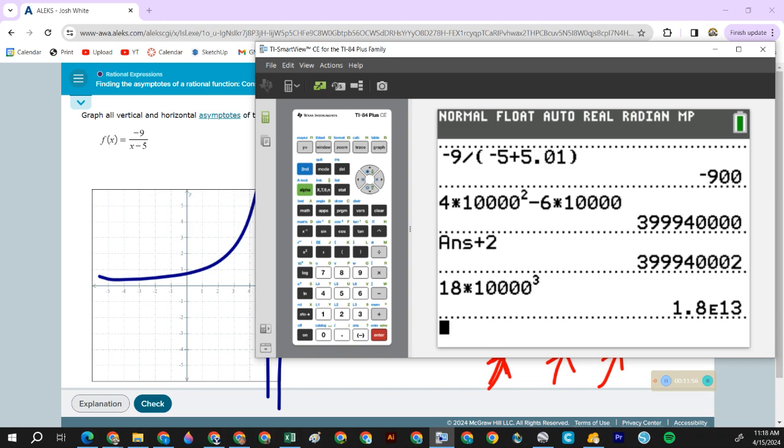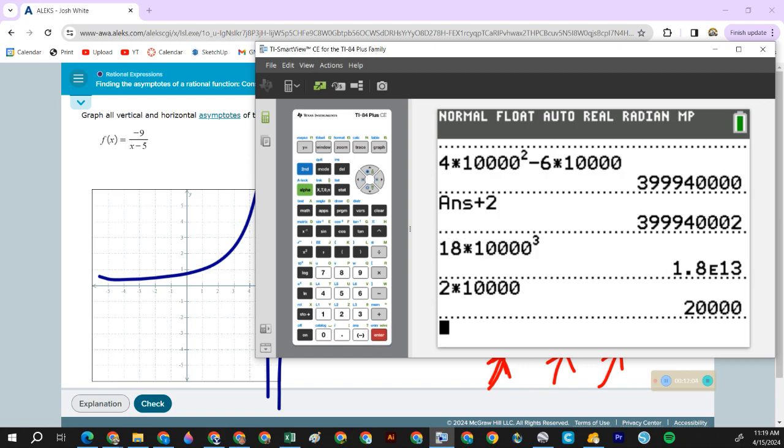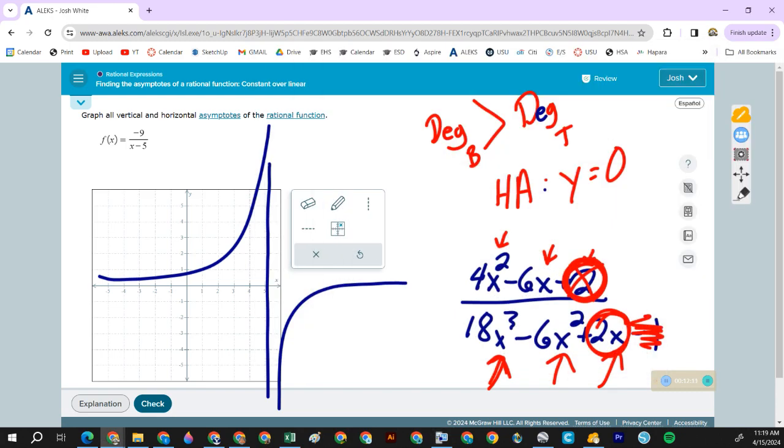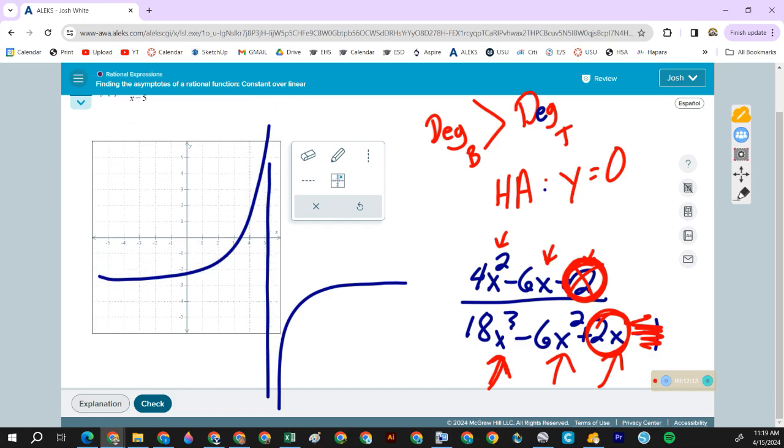Okay, that's a really big number, right? Well, what about 2 times 10,000? It's tiny, right? So when x is really, really large, yes, this does have an effect, but the effect of the 2x is very tiny compared to the 18x to the third.